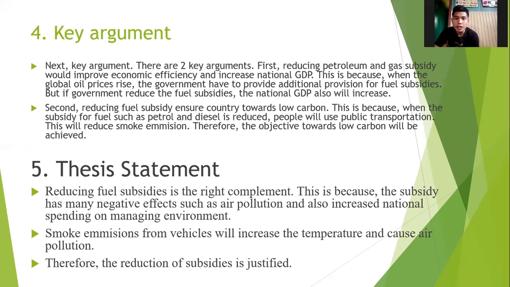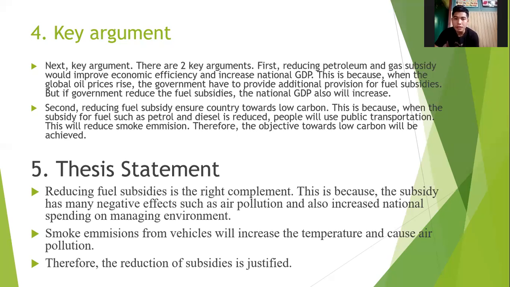Next is key argument. There are two key arguments. First, reducing petroleum subsidy would improve economic efficiency and increase national GDP. This is because when the global price rises, the government has to provide additional provision for fuel subsidies.